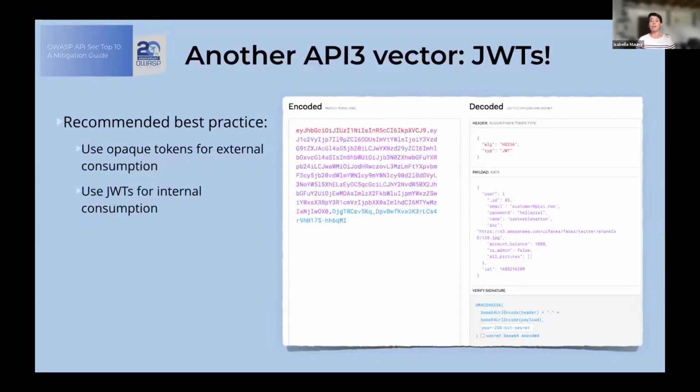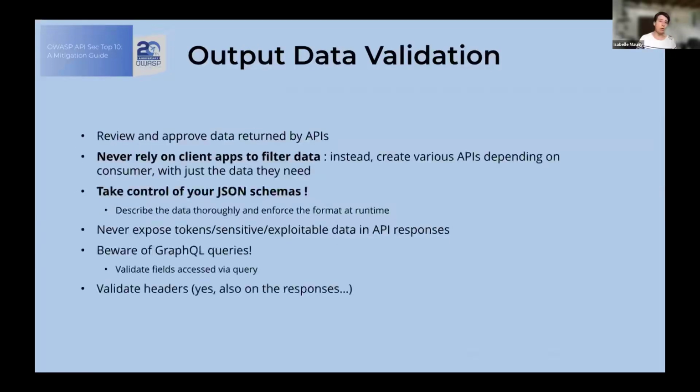And the other thing we have focused so much on traditionally is validating outputs. So this is number 3. This is API 3 in our list, controlling what is the data that I'm actually exposing to the outside world.